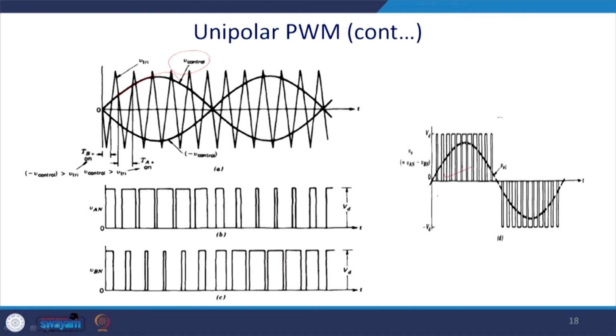You can see that there is no negative pulses in positive half cycle, and similarly reverse, there is no positive pulses in the negative part of the sine wave. The stress across the switch is going to be low, and also it shifts the harmonic spectrum quite high.